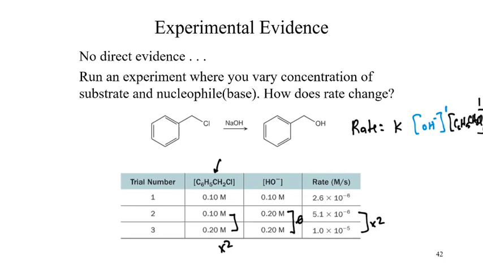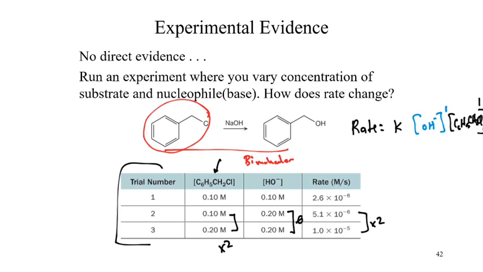It was first order, which means according to the mechanistic detail of this experiment, I know that this reaction was a bimolecular reaction, which means in the slow step of the reaction, this species is present and this species is present. What does that mean as far as my mechanism?